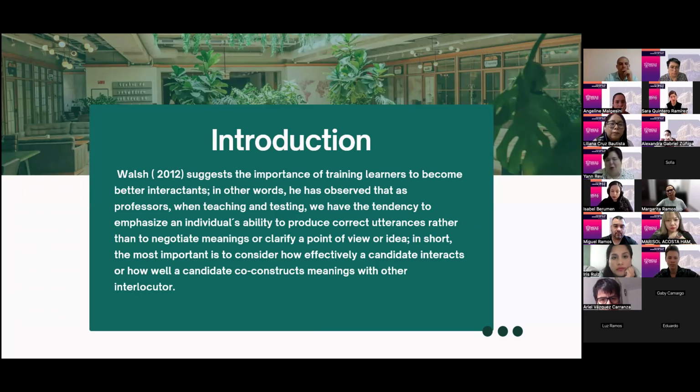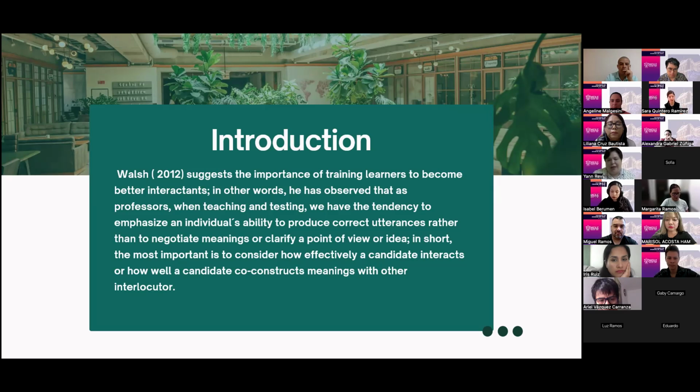He focused on training learners to become better interactants because he has observed that as professors, when we are teaching or testing, and this is what I'm going to focus on for my research paper, we have the tendency to emphasize individuals' ability to produce correct sentences rather than to negotiate meanings or clarify a point of view or idea.